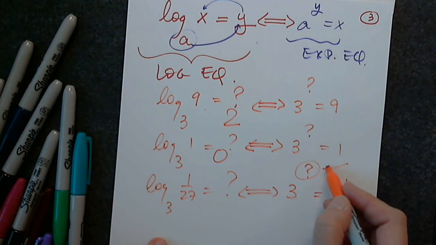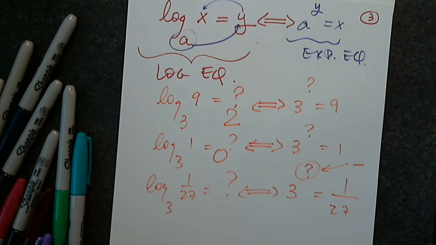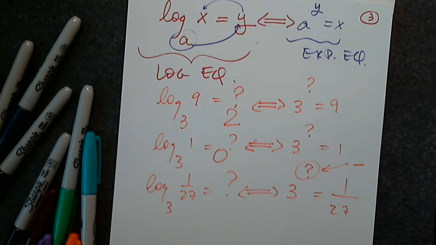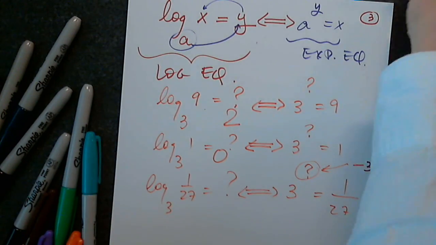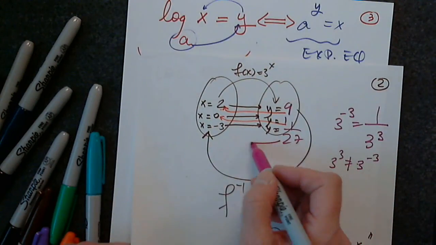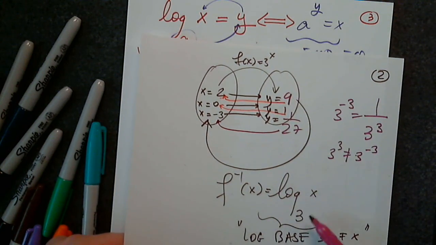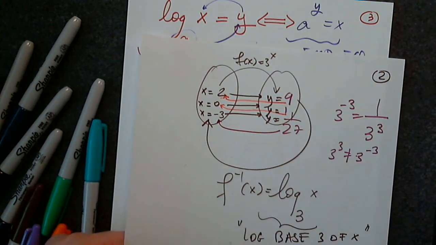I know that this must be a negative number. Otherwise, I can't change that number into a fraction unless the power is negative. So what could that be? And it can only be one number. Negative 3 indeed. Awesome. So then, when we apply log base 3 to 1 over 27, we get negative 3.